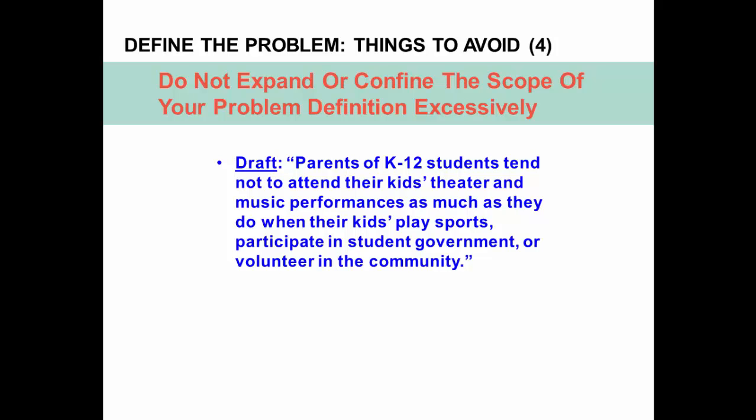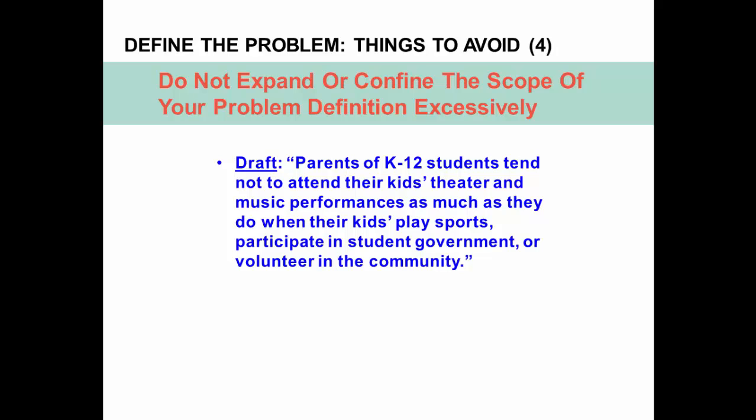We can see that as to the activities that parents do attend, music and theater, if we add comparative activities like sports, student government participation, volunteering in the community, and if we expand beyond the high incidence of these activities in high school to everything starting from kindergarten, we will be providing to ourselves much too steep a hill to climb.